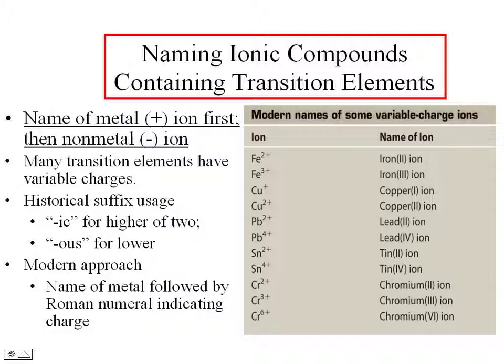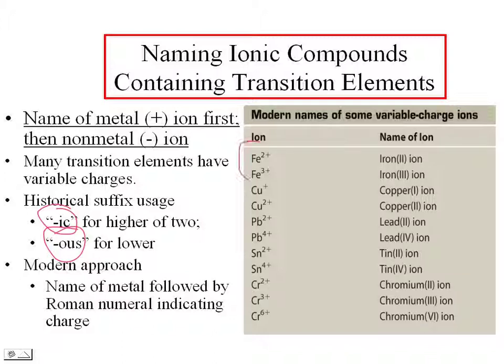When you have ionic compounds that contain the transition group elements, it can be a little more complicated. With these, you're still going to name the metal first, the positive ion, and then the nonmetal second, the negative ion. But many of the transition elements, like we said, have variable charges. Historically, they have these fancy names. If there are 2 different charges, you use the suffix -ic for the higher of the 2 and the suffix -ous for the lower of the 2.